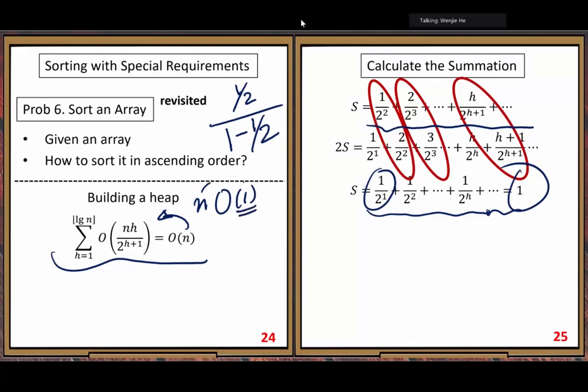Then we put it inside. So it's big O of n, and that's acceptable, right? Not big O of n squared, not big O of n log n. N log n is not acceptable. But only n, then it is acceptable.